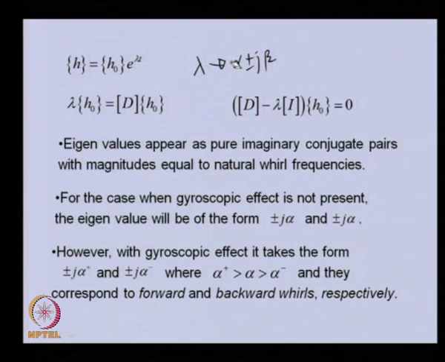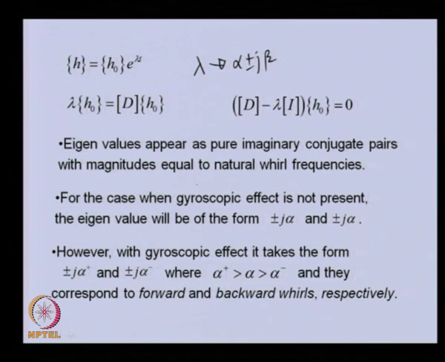Even though we have the velocity dot term in the equation of motion, that is due to the gyroscopic couple, which is not damping. Thus we will find that the eigenvalue will be pure imaginary, and the magnitude of that term will be the natural frequency of the system. Obviously we will get them in complex conjugate form, but they will be pure imaginary eigenvalues.